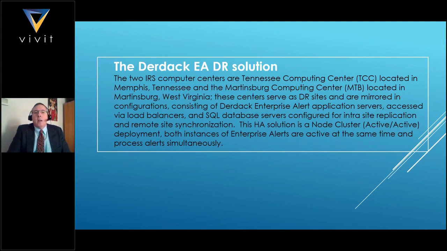As I stated a little earlier, we have two data computer centers that we've located, one in Tennessee and the other in Martinsburg. Like I said earlier, when we lose a site, it automatically goes to the next data center, and we get alerted that one of the sites went down.